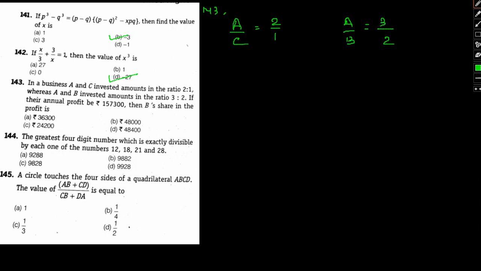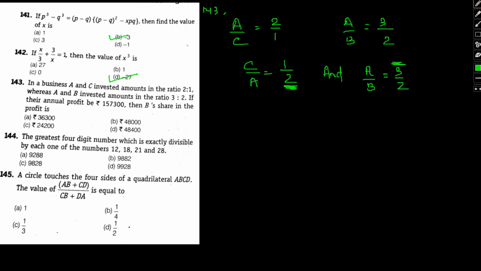3:2. Okay, so now if we write the ratios, let me represent both in terms of A. C by A can be written as 1 by 2, and A by B can be written as 3 by 2. So let me get a value such that the denominator of this part and the numerator of this part are equal.